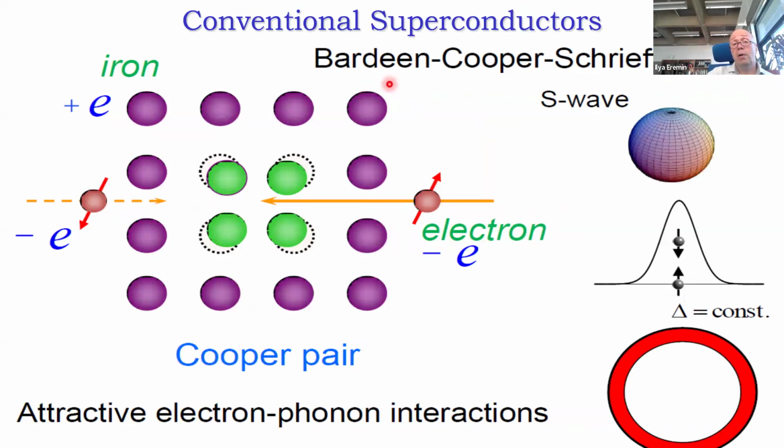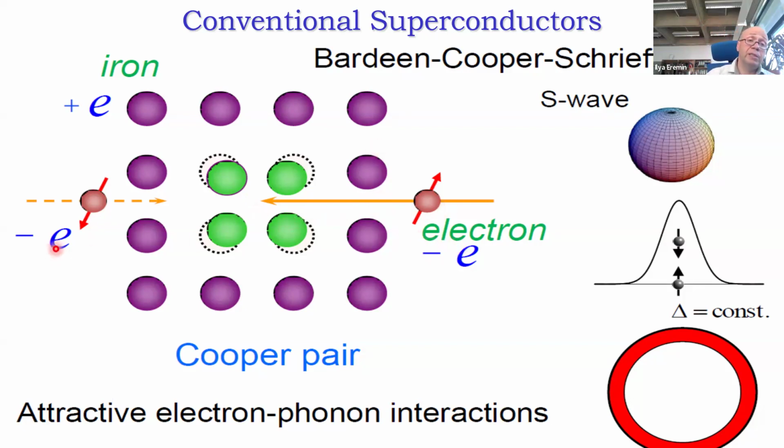by Bardeen, Cooper, and Schrieffer, who understood the formation of the Cooper pairing, despite the fact that electrons typically experience repulsion in a solid. You can also have an attraction, because in this case you have an ionic lattice which is positively charged.